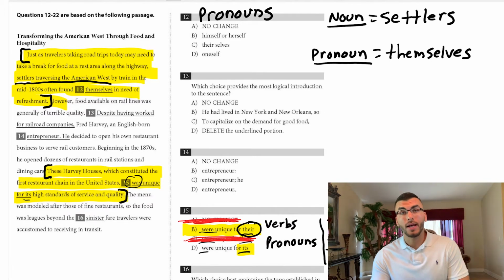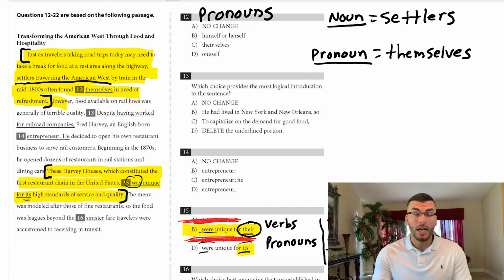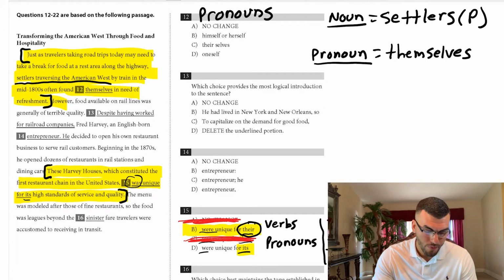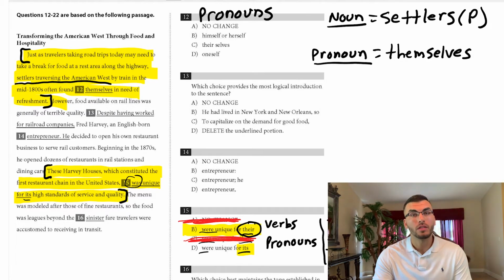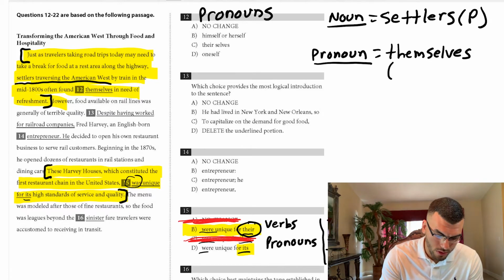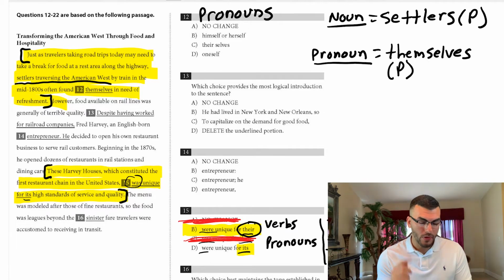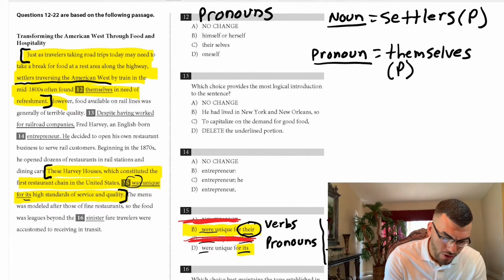All right, now what do we do, guys? Got to identify singular or plural. Well, settlers is definitely plural. That's multiple people. Themselves, is that singular or plural? That's also plural. That's not one person, so there's no error here.